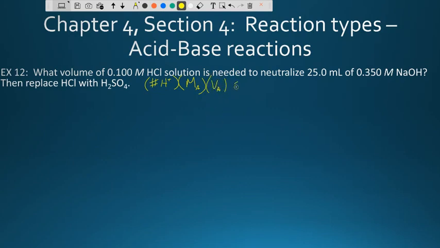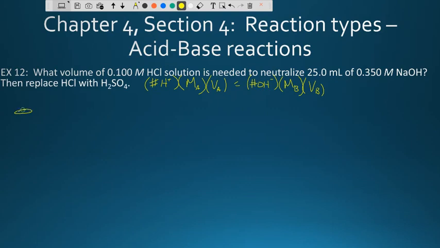That volume can be in whatever units as long as it's consistent on both sides. And that will equal the number of hydroxide ions with the molarity of your strong base and the volume of that strong base.